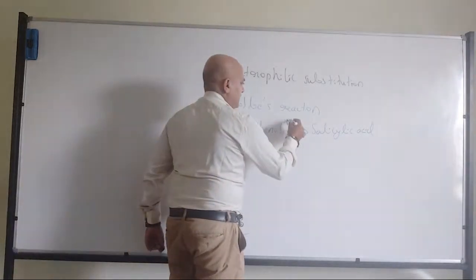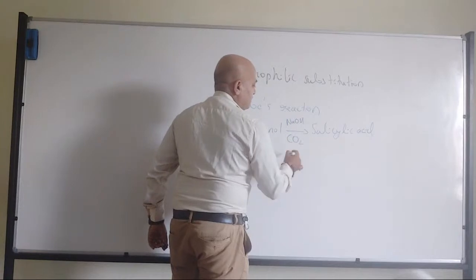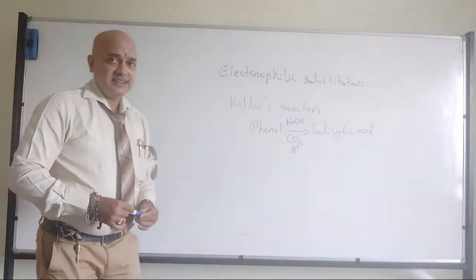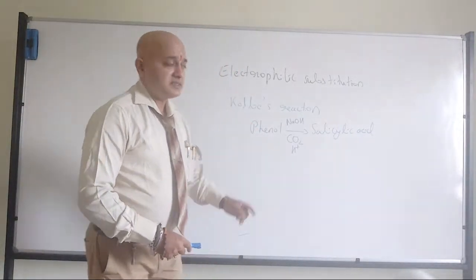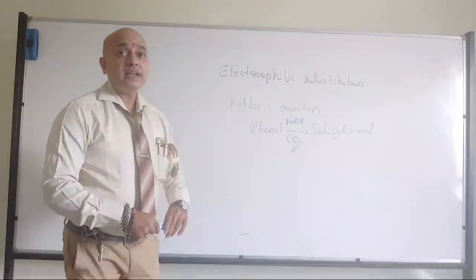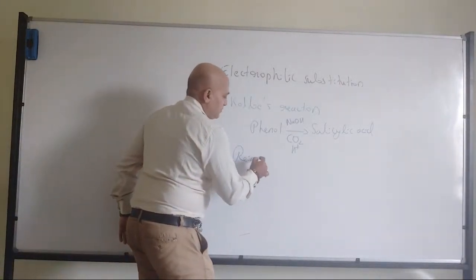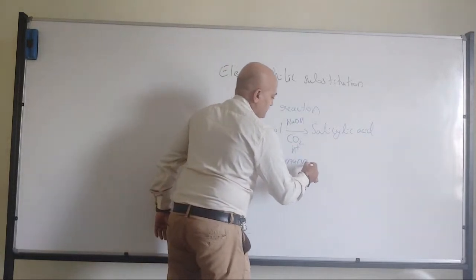I will not write the reaction in detail. First with sodium hydroxide, then with carbon dioxide, and then we have to provide acidic conditions. That's where we get salicylic acid. That's the Kolbe reaction. Then the next one is the Reimer-Tiemann reaction.